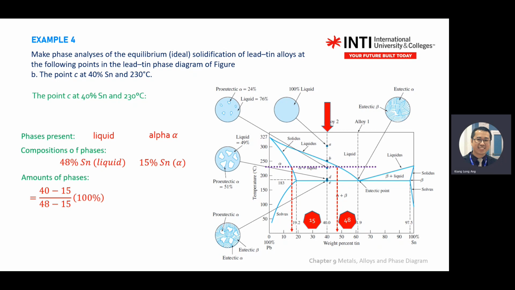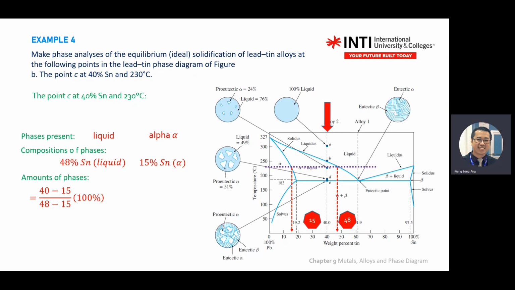Now B already, you don't mix with A. B section asks you about interest point C. You drop down again, you draw a line. Where is your interest percentage, weight percentage? Okay, this one you learned in the previous section. So don't miss out the point. This is your interest point. When you have an interest point, you always have 3 points: one on the left, one on the right, and one in the center.